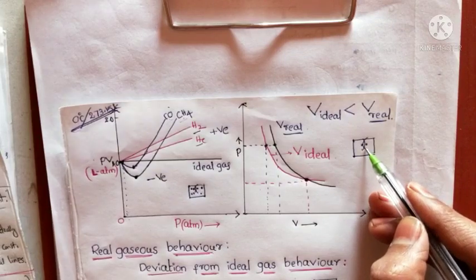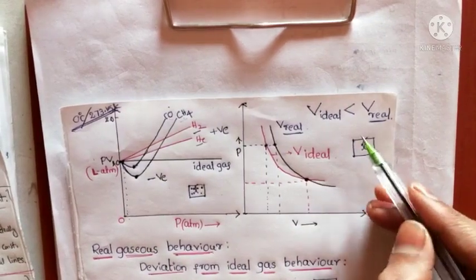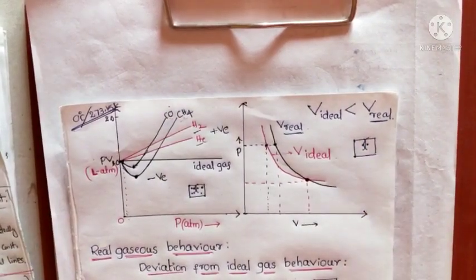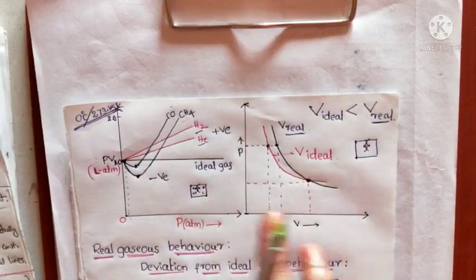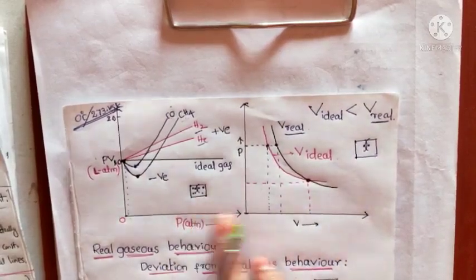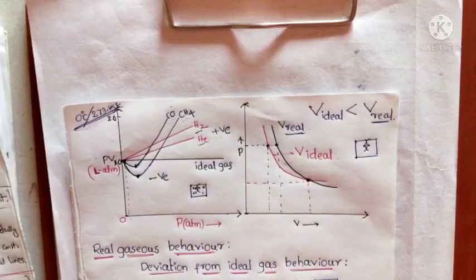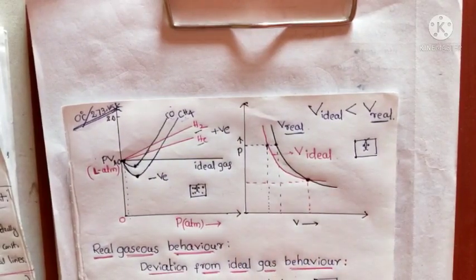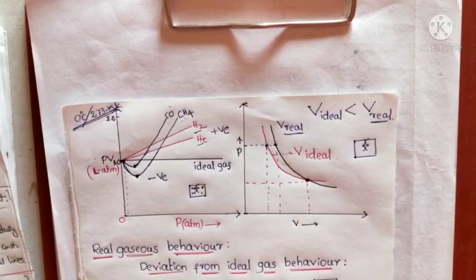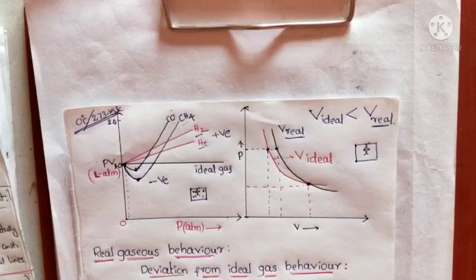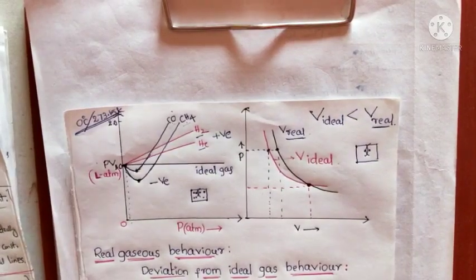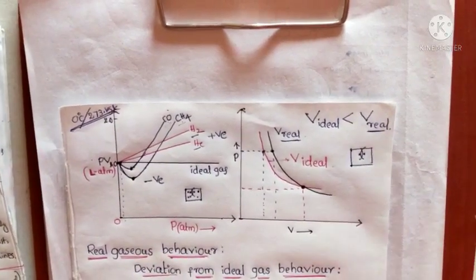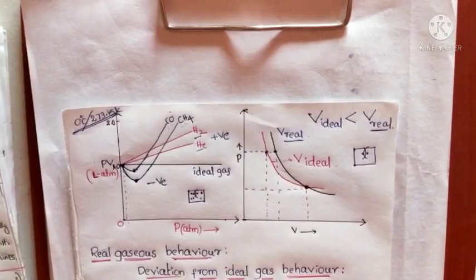That's why they deviate from ideal gas behavior. These two graphs explain that real gases deviate from ideal gases, and real gases act as ideal gases only under certain conditions, not always.